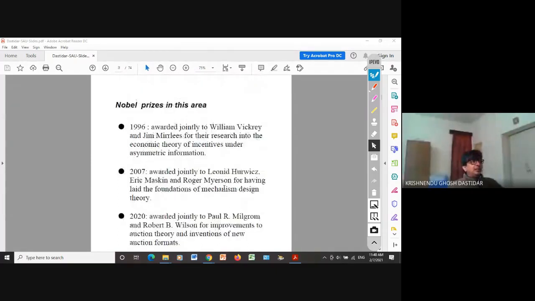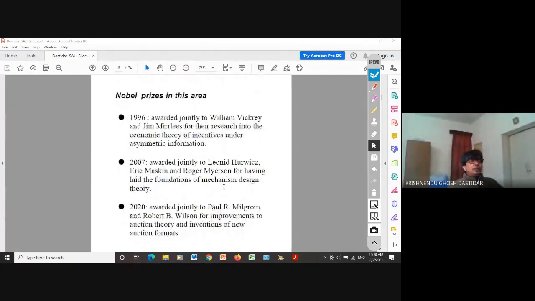In fact, just to talk about the Nobel Prizes in this area, it's so important that thrice Nobel Prizes have been given in and around auction theory. First one, 1996, awarded jointly to Vickrey and Mirrlees for their research into the economic theory of incentives under asymmetric information.